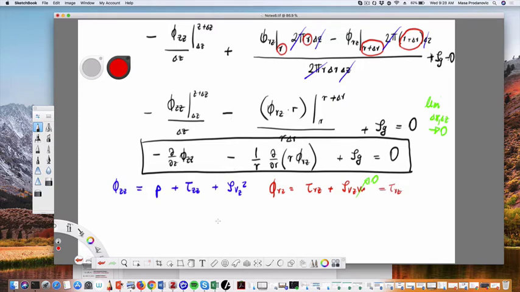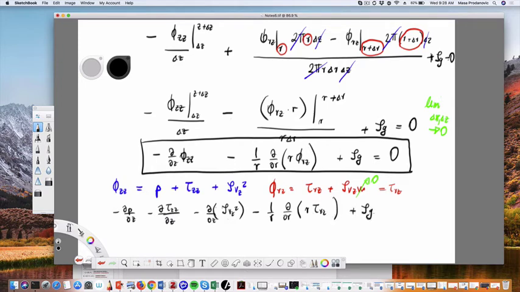All right, so z derivative of this is dp dz, d tau zz dz, and d dz of rho vz squared, minus 1 over r d dr of r tau rz, and plus rho g is equal to 0.